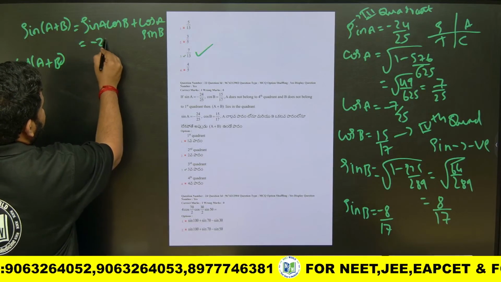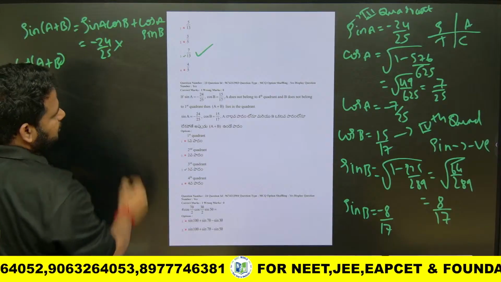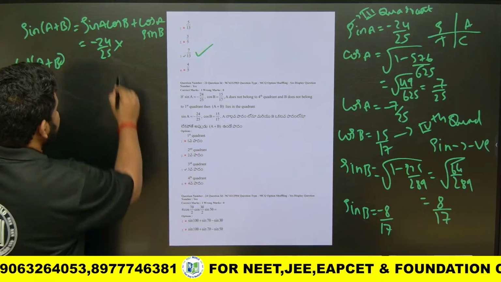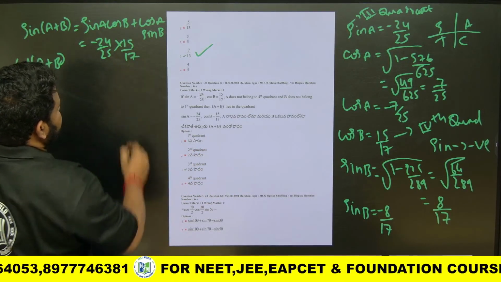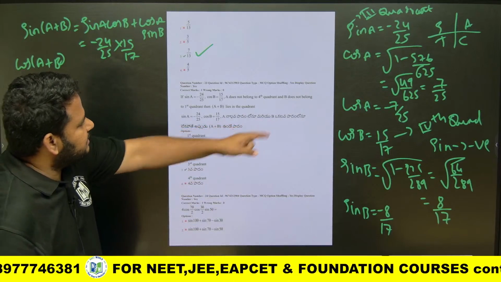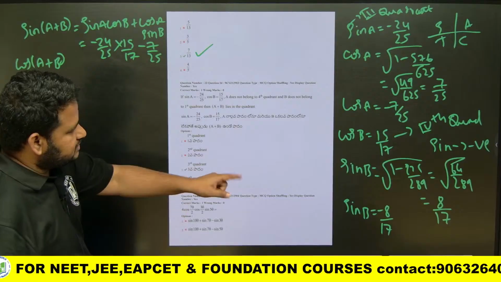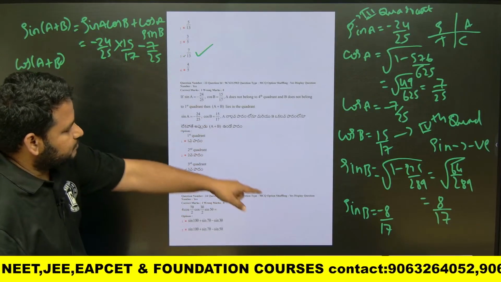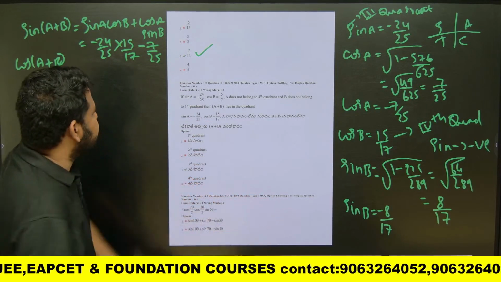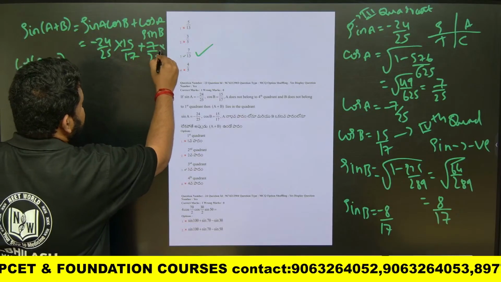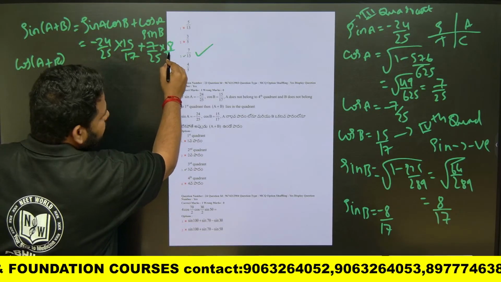Minus 24 by 25. Cos B is what? Cos B is the positive value 15 by 17. Okay, cos A is what, friends? Minus 7 by 25. Minus 7 by 25 into sin B. Sin B is negative, so this will become positive, into 8 by 17.